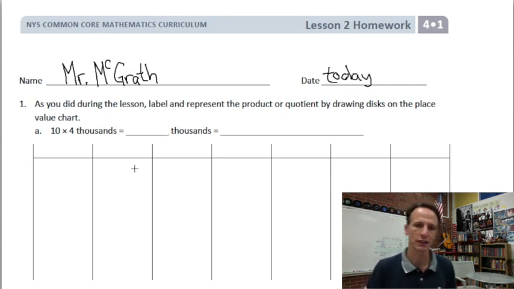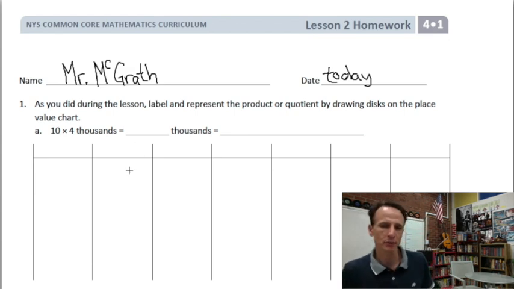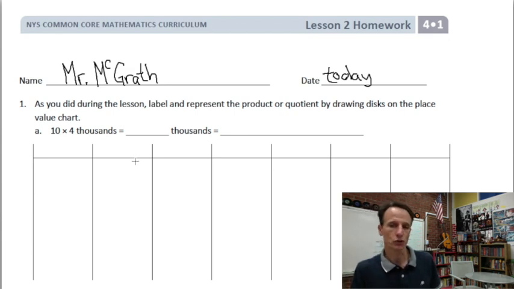Let's read the instructions. It says, as you did during the lesson, label and represent the product or quotient by drawing discs on the place value chart. Lesson 2's problem set was kind of ginormous. It was long and difficult. If you did the whole thing, congratulations.